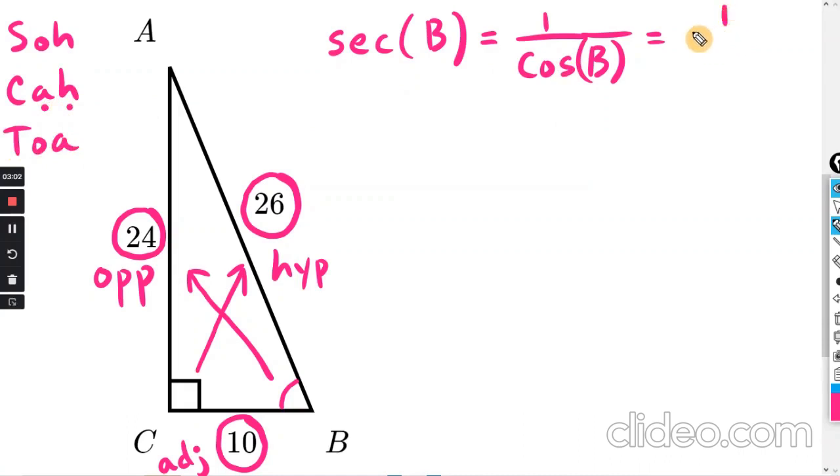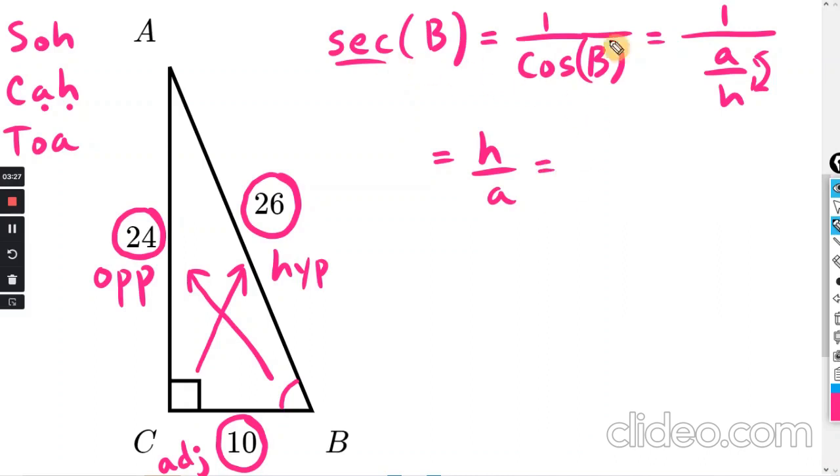So that's going to be 1 divided by the cosine, which is adjacent over hypotenuse. However, if you take 1 and divide by a fraction, you just take the reciprocal of that fraction. You just flip the numerator and denominator. That's going to be hypotenuse over adjacent, and that's what we said in the beginning for the secant formula.